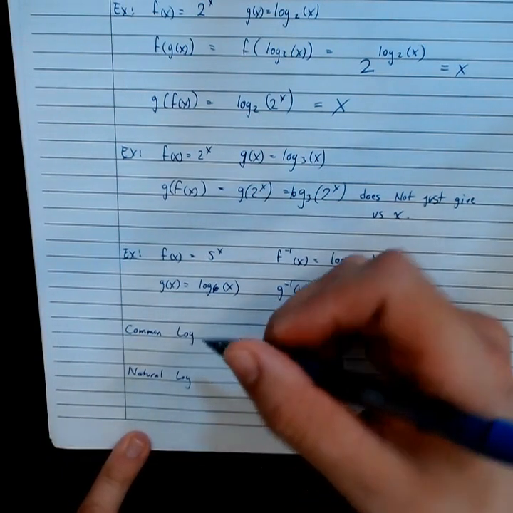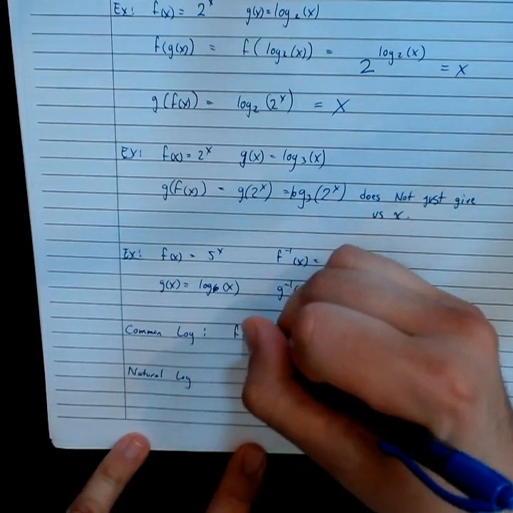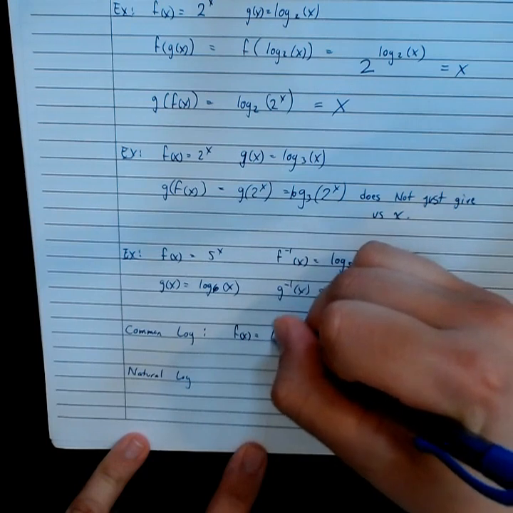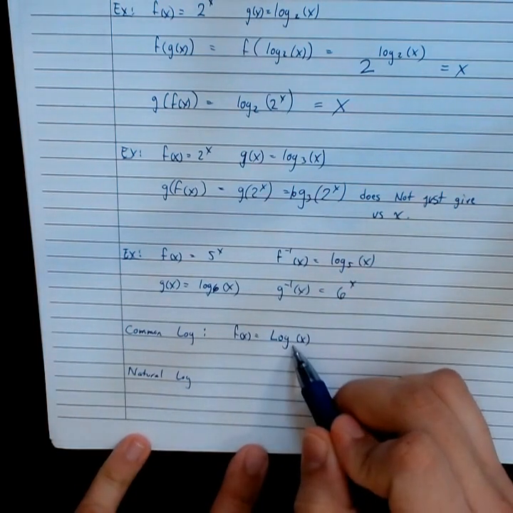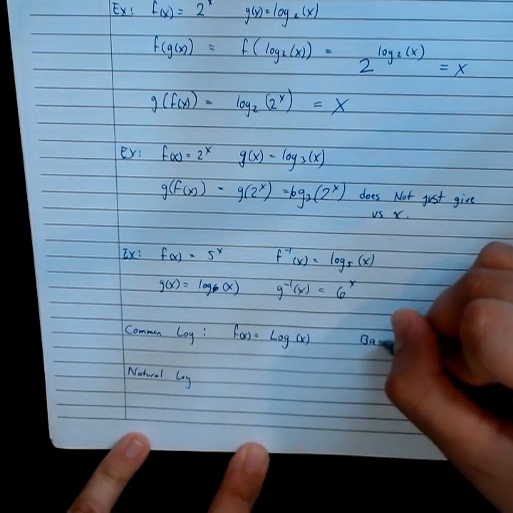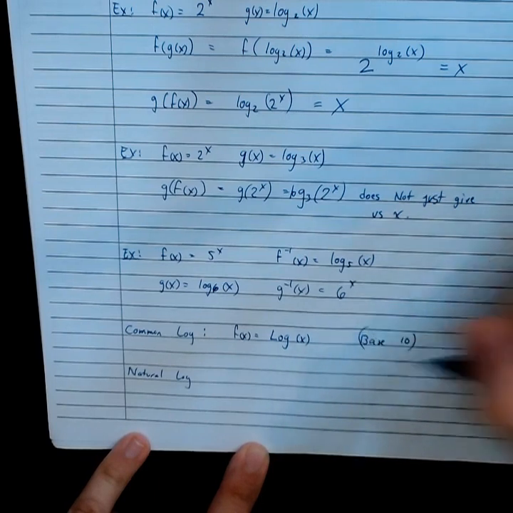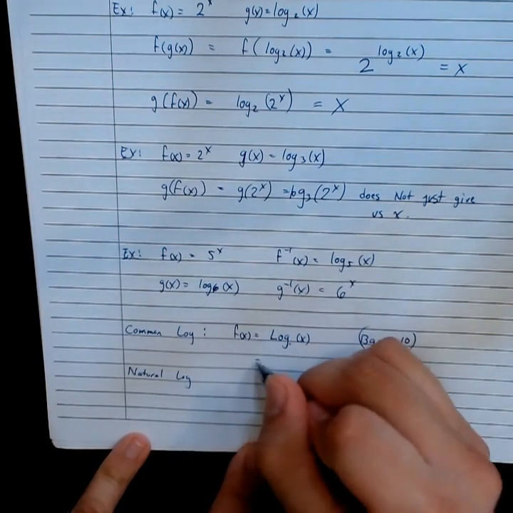Now, if you write a base, that's not incorrect, but oftentimes the common log is just written as f of x equals log of x. Notice there's no base here. The common log is base 10. So if you wanted to, you could write this as log base 10, and that would be absolutely correct.